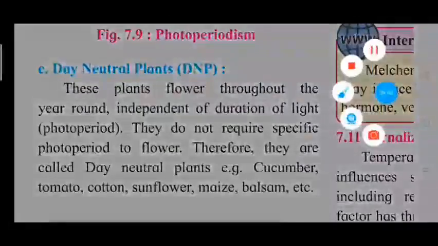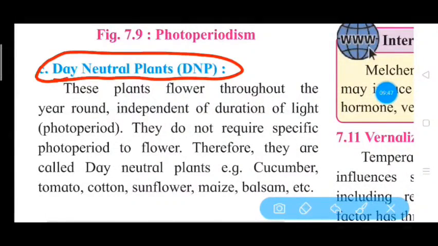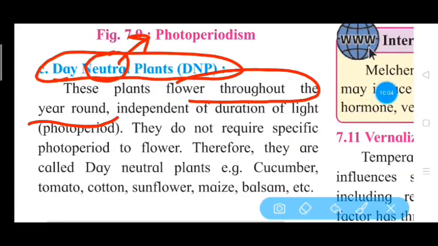The third category of plant according to photoperiodism is the day neutral plant. Here neutral means they are not totally dependent on photoperiodism, so the plant flowers throughout the year because it does not require a particular amount of light.